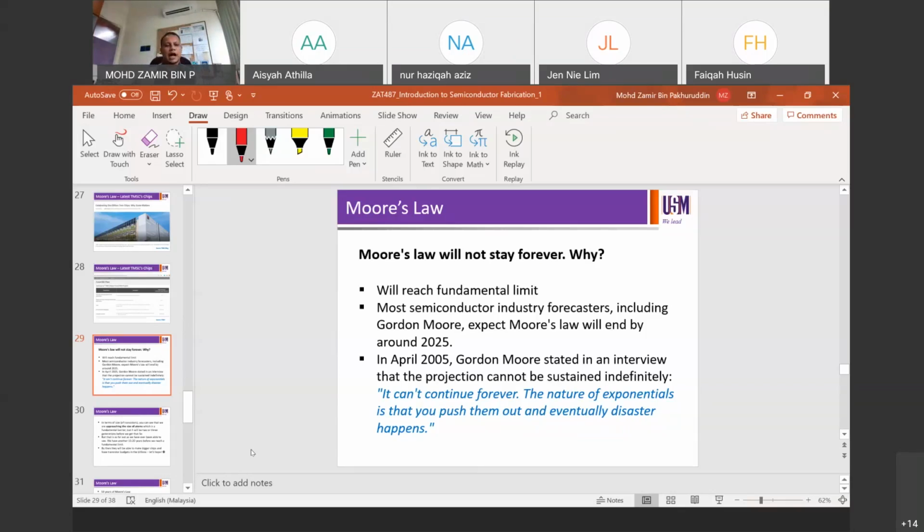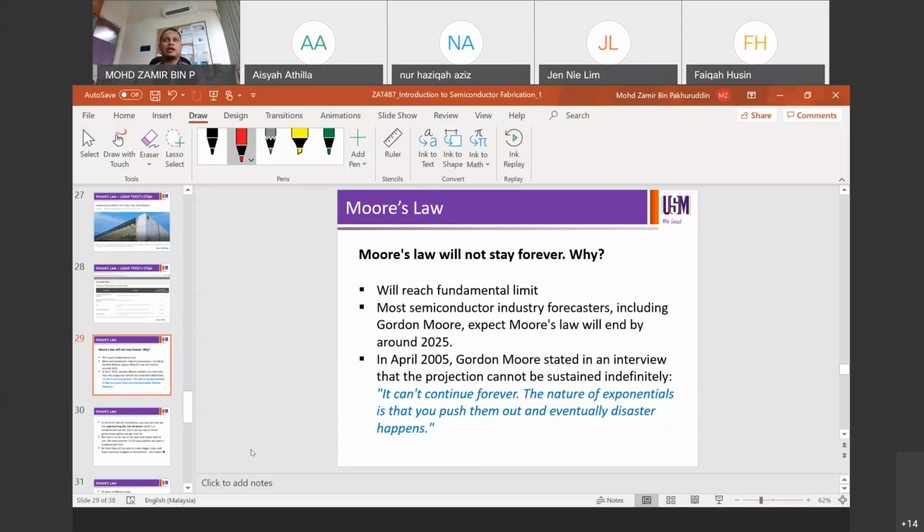200 picometer. How big is 200 picometer? Let us translate it into nanometer, because we are talking about nanometer. We are now fabricating 5 nanometer chips through TSMC, and then we'll reach the fundamental limit. Yes, good, 0.2 nanometer.